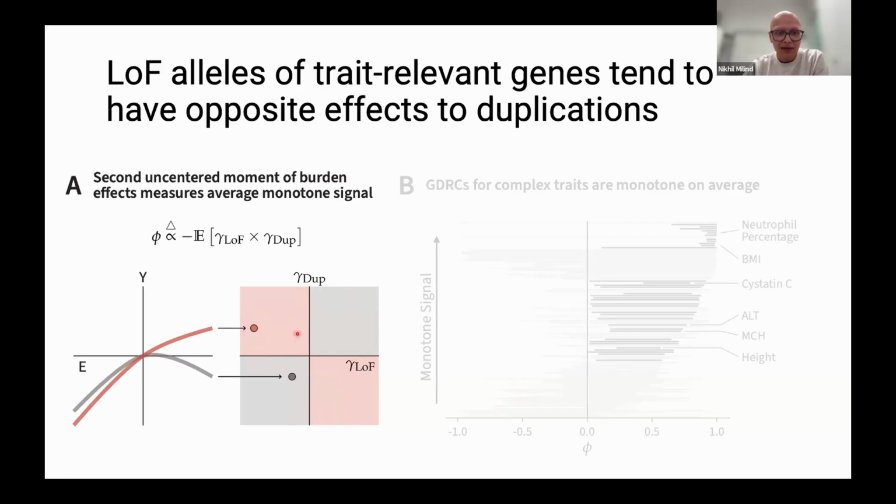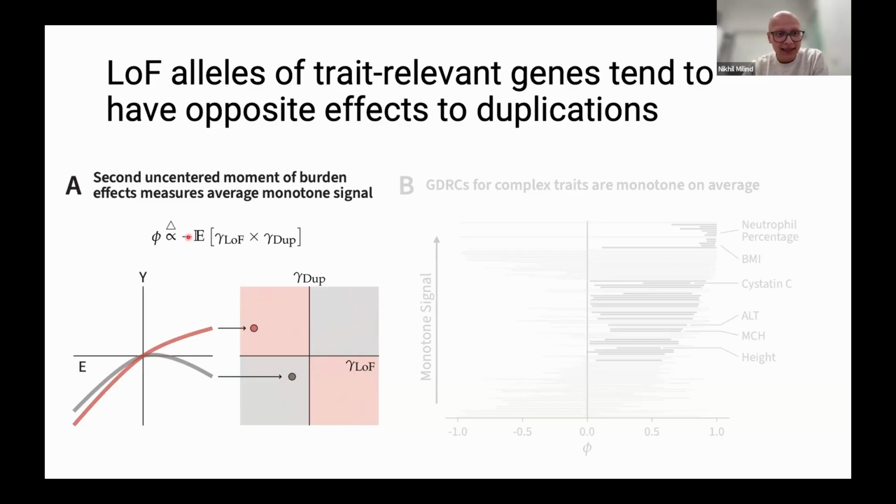And so you can take my word for it that these red quadrants have monotone gene dosage response curves. On the other hand, these two quadrants will have non-monotone gene dosage response curves. And so if I estimate the correlation of the genes on this plot, if the correlation is negative, most of the GDRs, a lot of the signal is monotone, basically. On the other hand, if this is positively correlated, a lot of the signal is non-monotone.